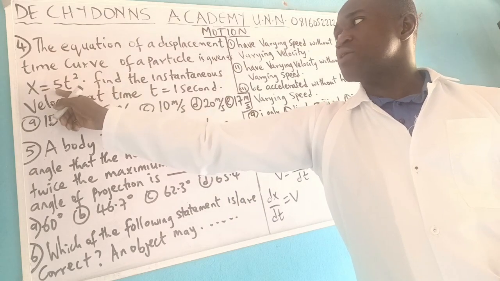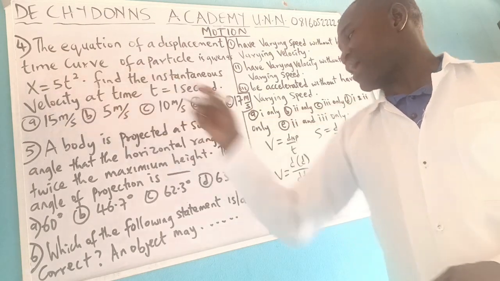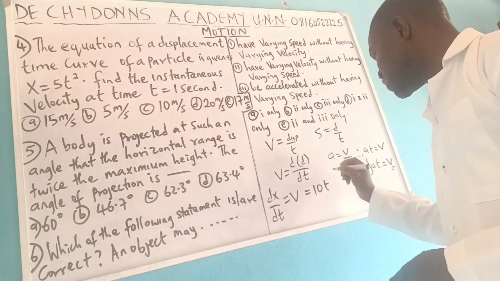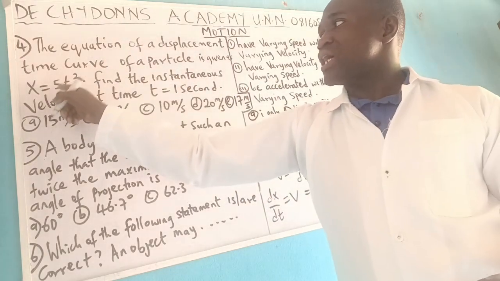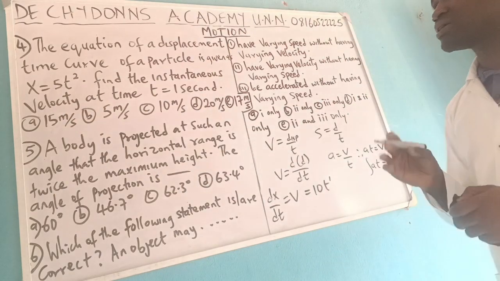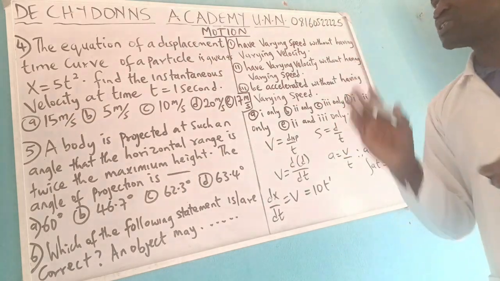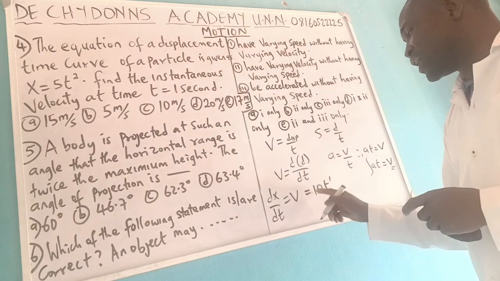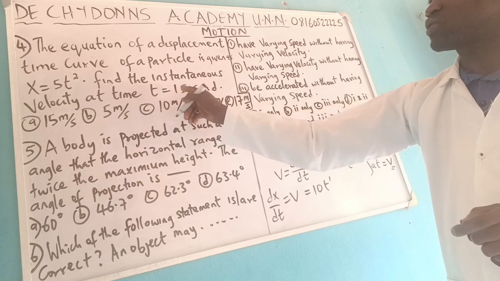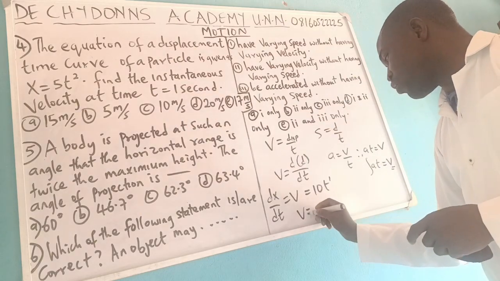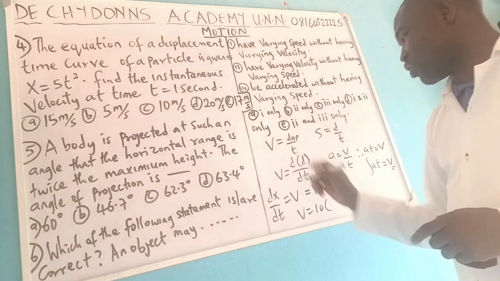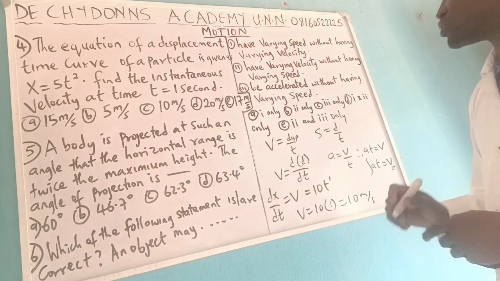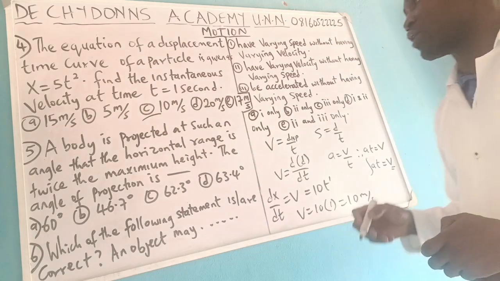The power times the coefficient, the power minus 1. 2 times 5 gives 10, and 2 minus 1 is 1. That is the simpler way of differentiating this type of question. Then v is equal to 10t, and t is 1 second. So v equals 10 times 1, which gives 10 meters per second. So option C is correct.